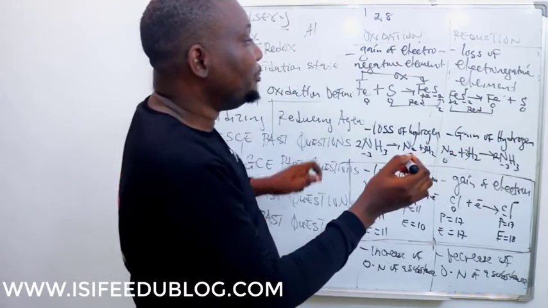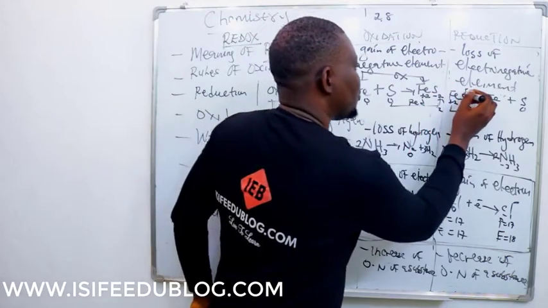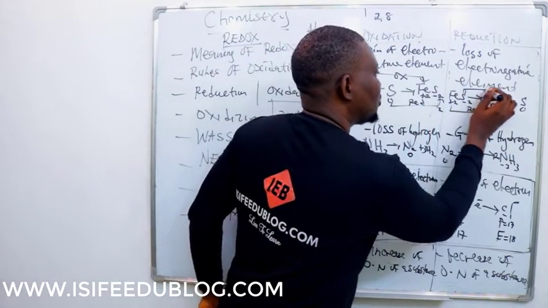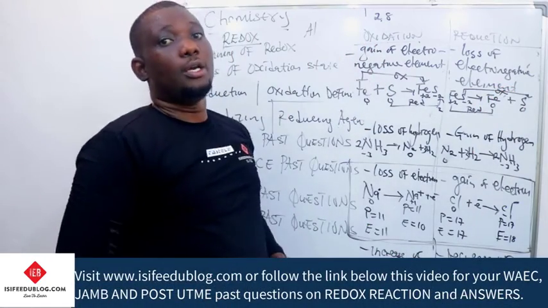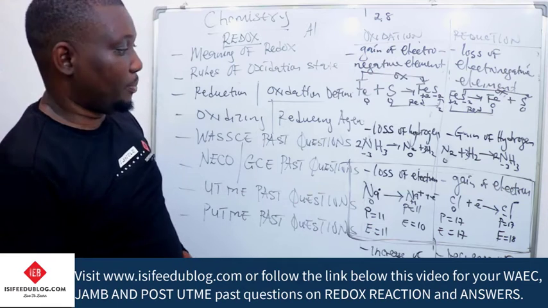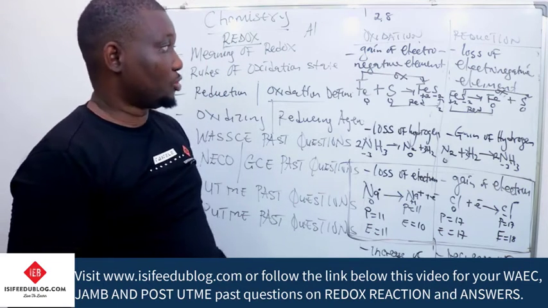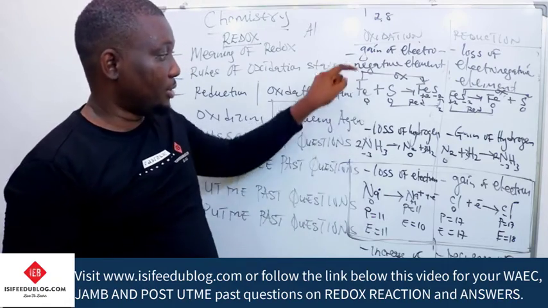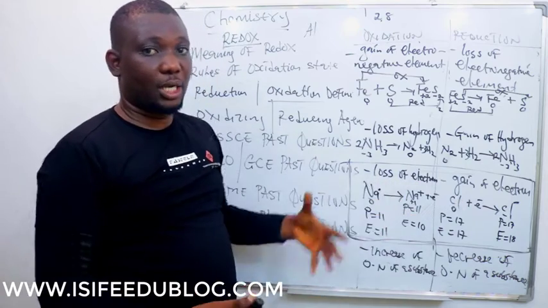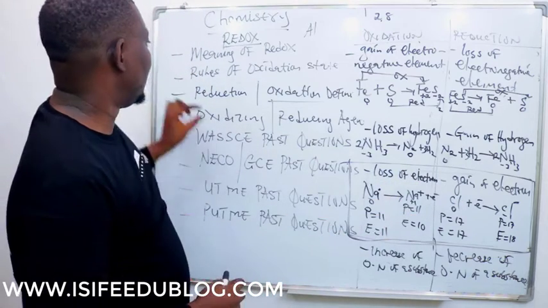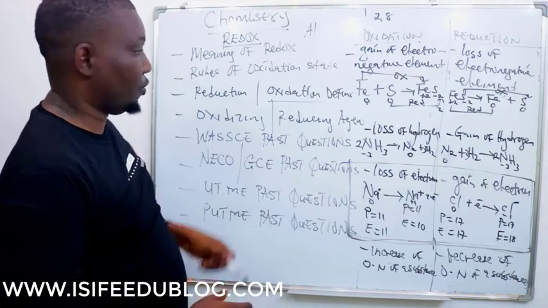Having removed the electropositive element, sulfur will increase from -2 to 0, which is oxidation. These are definitions. I think I gave you up to 5 or 6 definitions of reduction and oxidation, but take notes. Make sure the definition that has to do with transfer of electron is all-inclusive as far as definitions of reduction and oxidation are concerned.